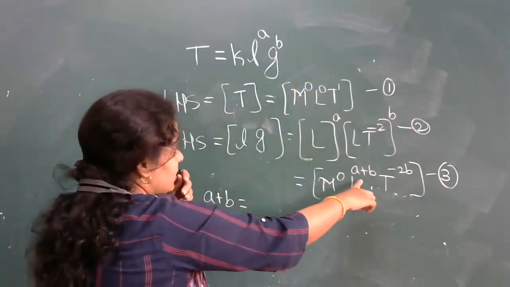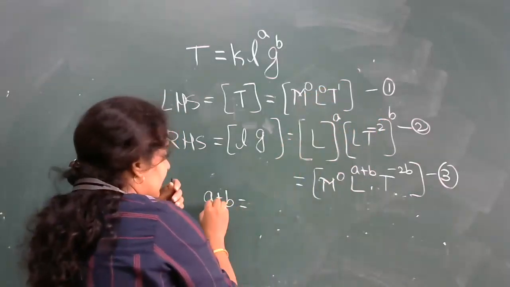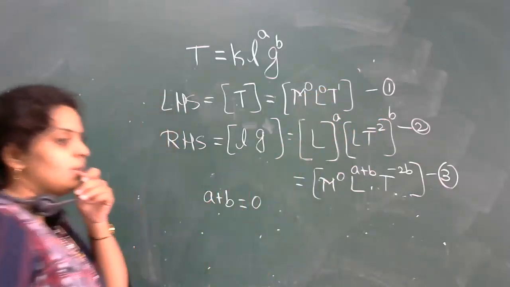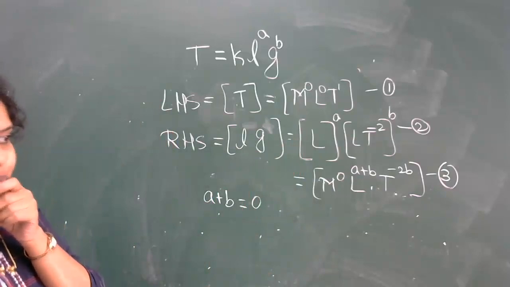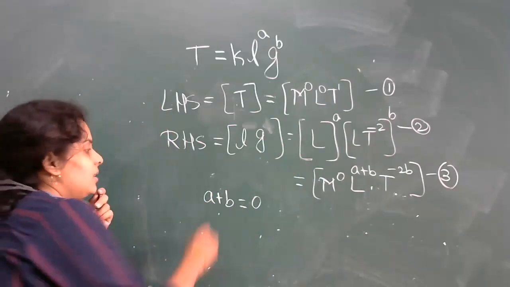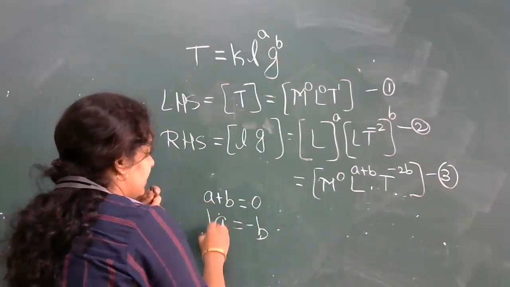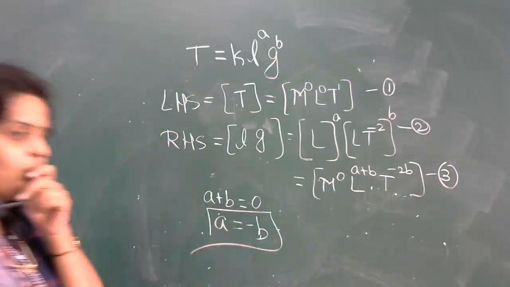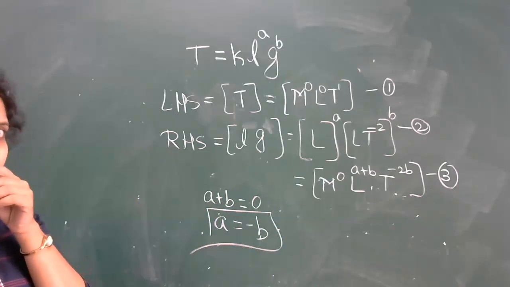Here it is L to the power a plus b, here it is L to the power 0, therefore I can write a plus b is equal to 0. So now a is equal to minus b.